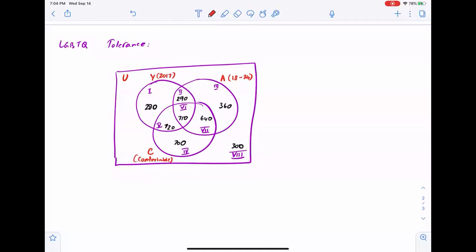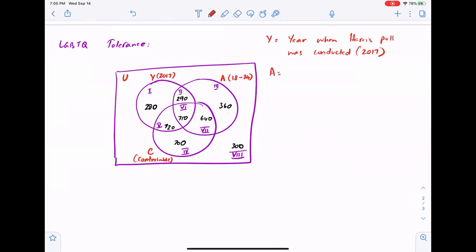So here is the example. We have the regions labeled corresponding to the sets. Y would be the year when the poll was conducted. And what we see up here will be for the year 2017.